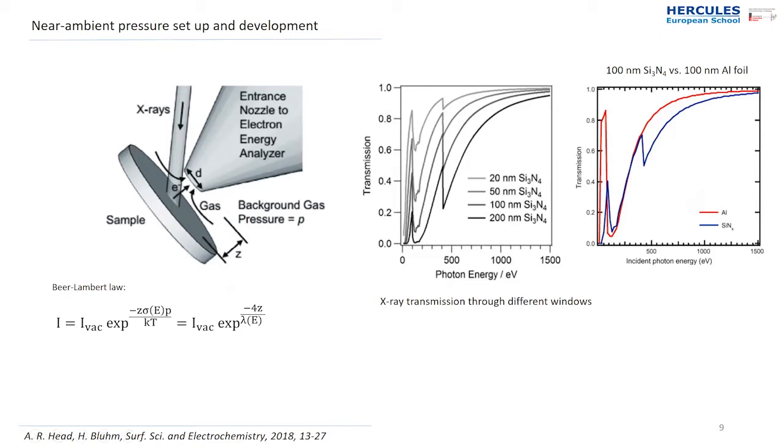The silicon is about 100 electron volts, nitrogen about 400. However, because we are using a lab-based X-ray source, which has energy around 1486 electron volts, most of the light actually goes through. So it's almost 100% transparent for the source we are using, including the aluminum foil covering.